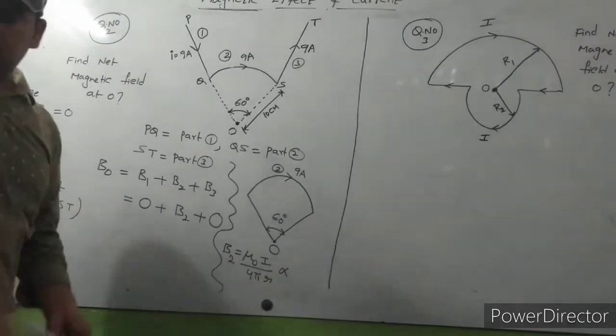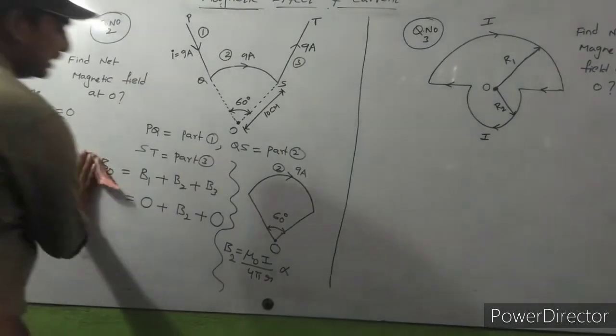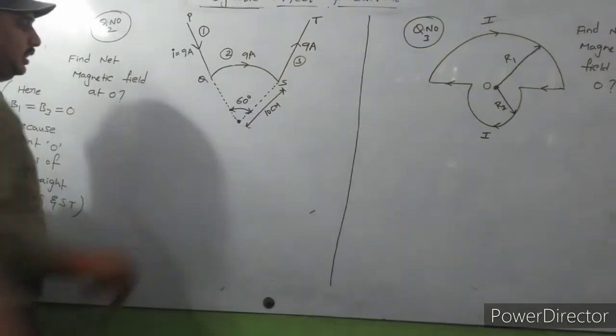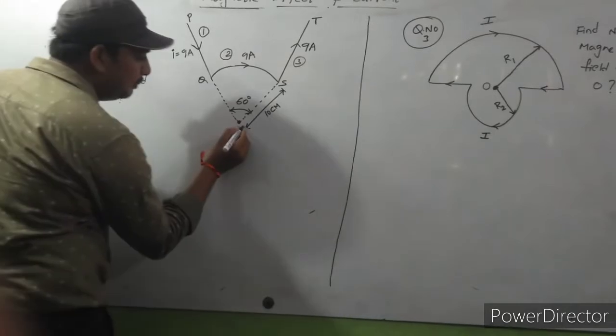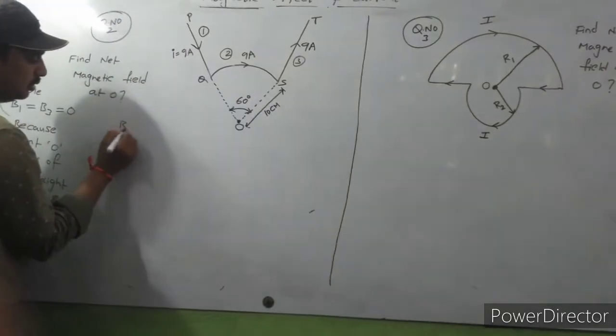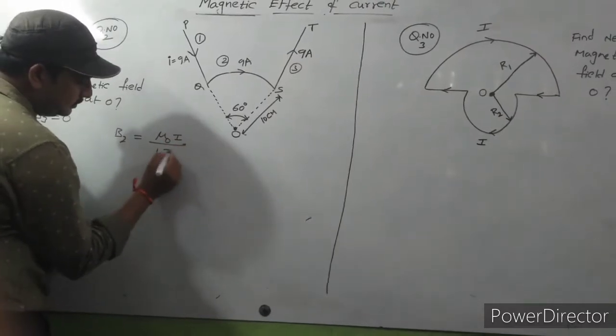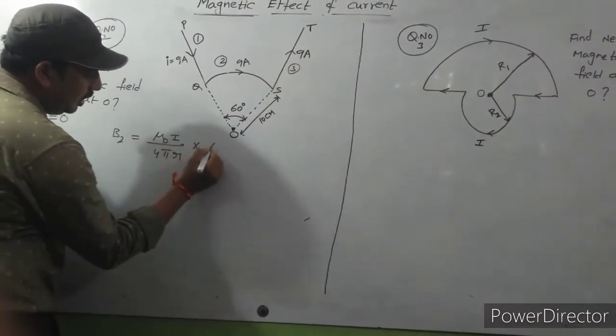Then we will substitute all values. Observe carefully. I want B2. So B2 is equal to mu naught I by 4 pi R into alpha.